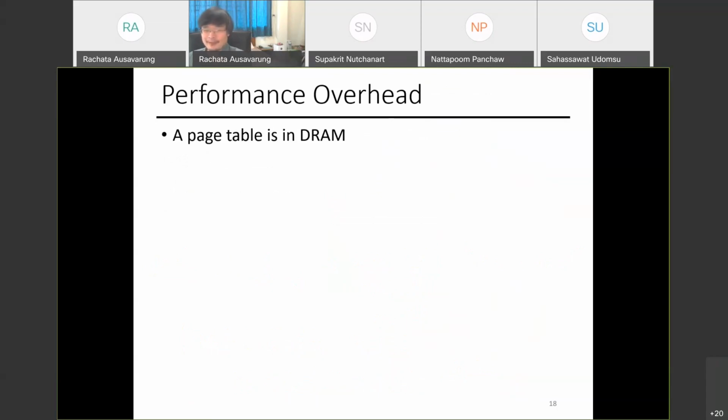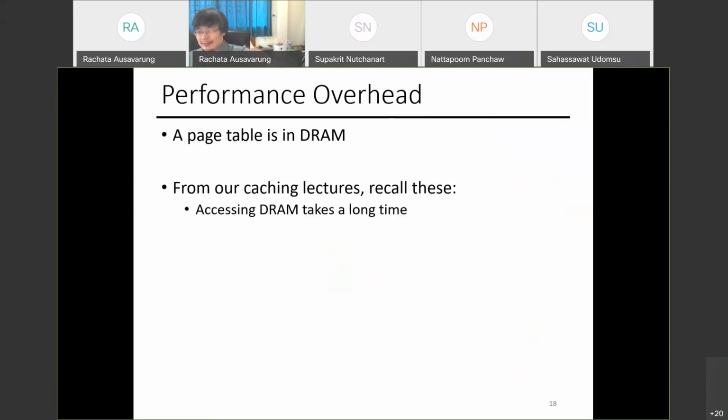One thing we learned from the caching lecture is DRAM is slow compared to the cache. Hopefully by this point you roughly know that DRAM is not as fast as it could be. You want DRAM to be faster. That's why you have the cache.